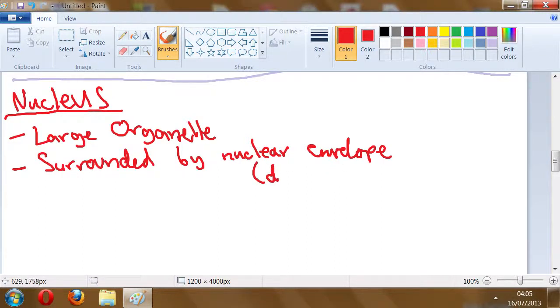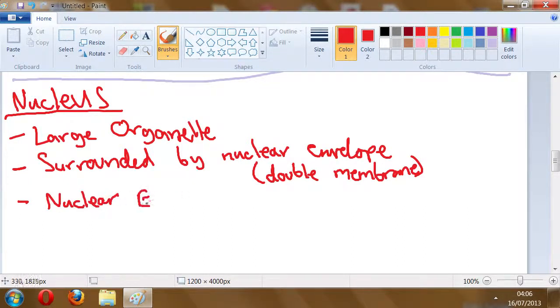There's a double membrane. So there's quite a lot of membranes in this glossary of organelles. And just a further note about the nuclear envelope, it's porous.